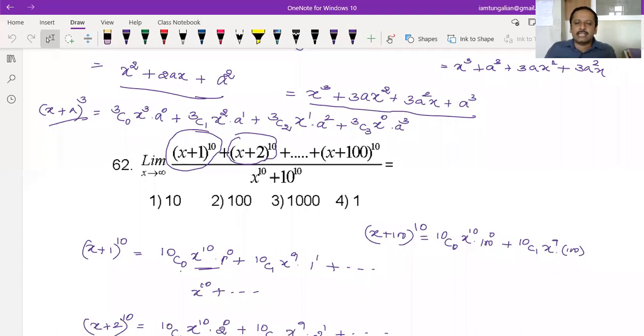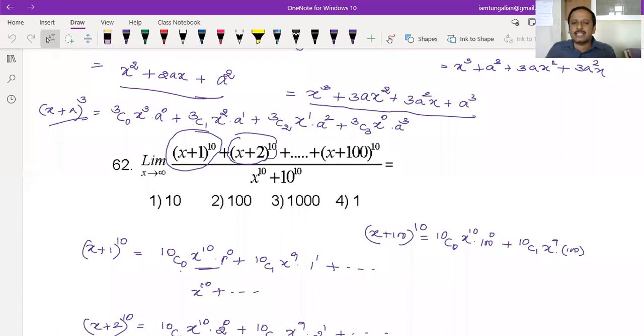Just observe. x plus 1 whole power 10. Its expansion is 10c0 x power 10 into 1 power 0 plus 10c1 into x power 9 into 1 power 1, etc. Then x plus 2 whole power 10. By that you know that x plus 1 whole power 10 is a polynomial of degree 10 and the coefficient of x power 10 is 1.